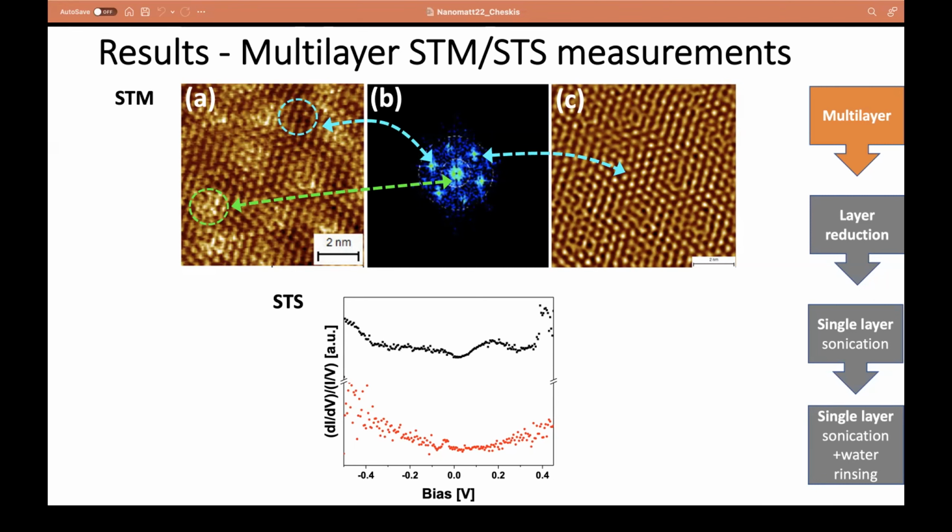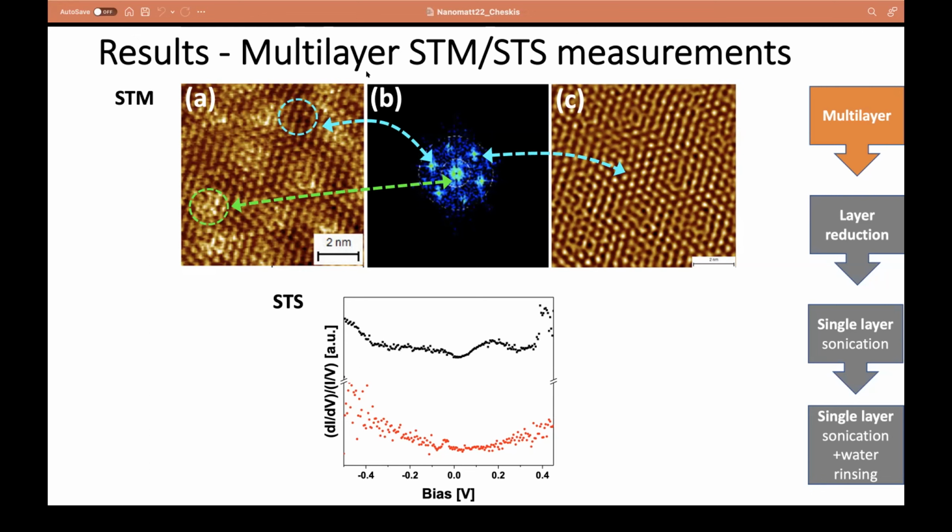Then we have multi-layer, we have a band gap, and this spectrum does not depend on the place where we are measuring. But now, in addition, we make STM measurements, and we perform a Fourier transform of these measurements and make an analysis of this Fourier transform, and we see very clear two types of points on this Fourier transform.